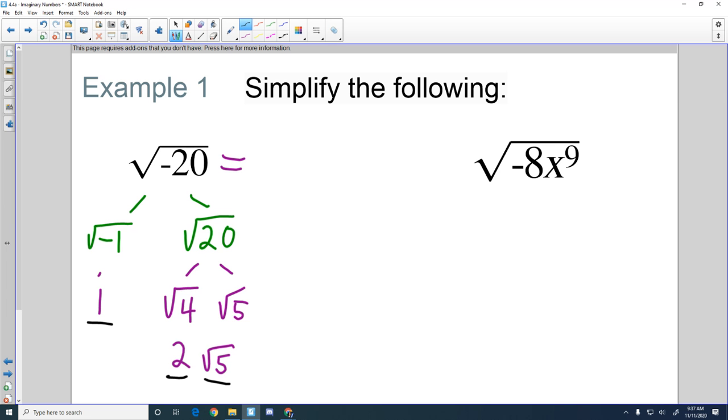The way we would write that is put all the non-radical parts together first, which is the i and the 2, and we always write the numbers first. So we'd write 2i. Then after that, we'd have the square root of 5. So the square root of -20 is 2i root 5.